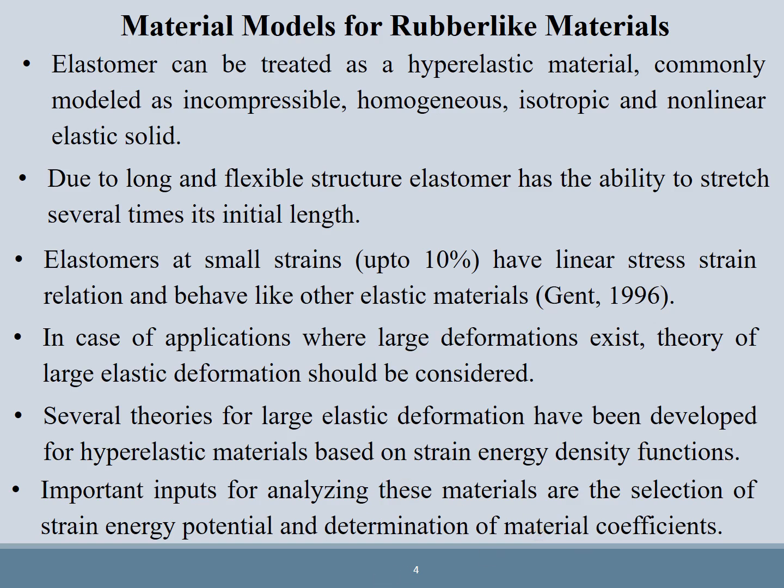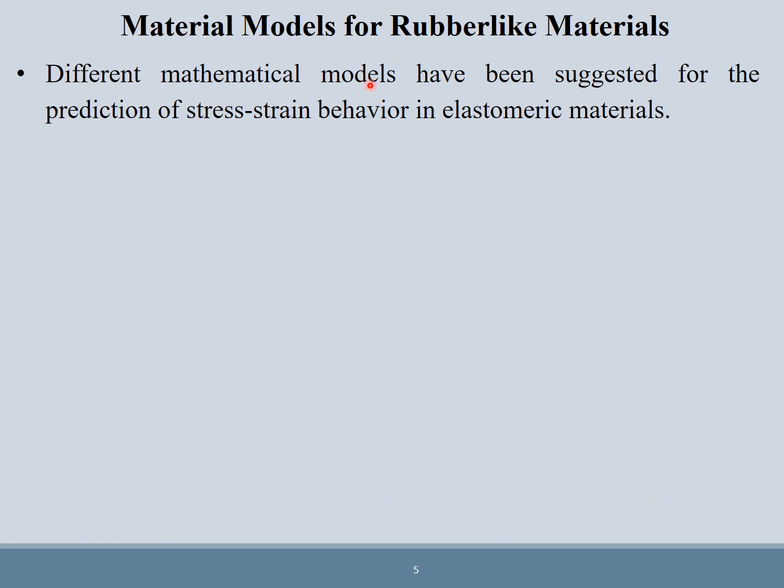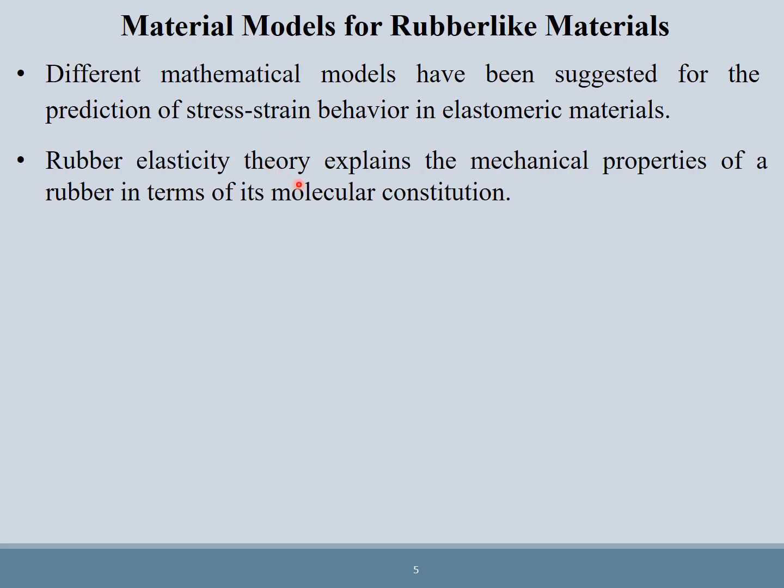Now, different mathematical models have been suggested for the prediction of stress-strain behavior in elastomeric materials, that is, different material models, for predicting the stress-strain relationship or behavior of a material. Rubber elasticity theory explains the mechanical properties of rubber in terms of its molecular constitution.